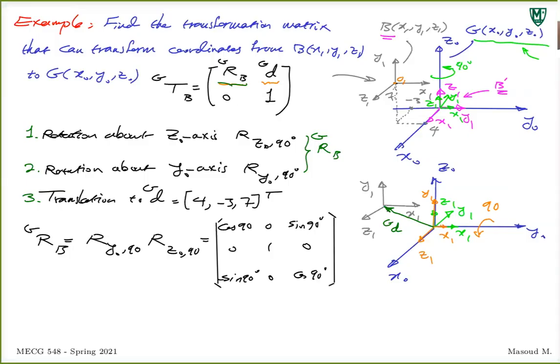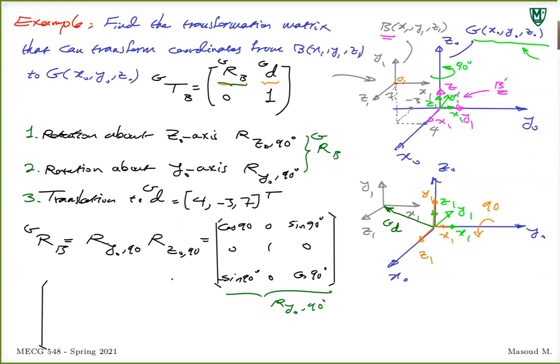This becomes R y naught 90 degrees. Multiply that by the second one. I'm just going to write it here. So ugly matrix. There we go.